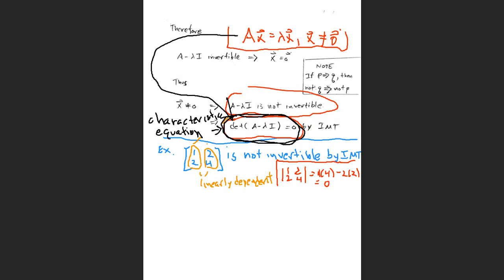And that's the characteristic equation, and that's what we need to solve in order to find the eigenvalues. Okay, are there any questions? Any questions?